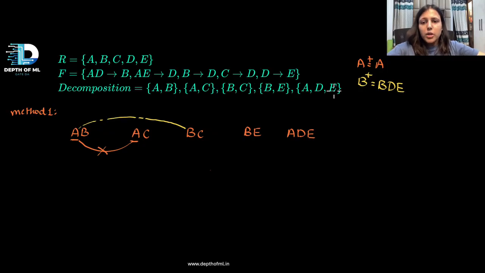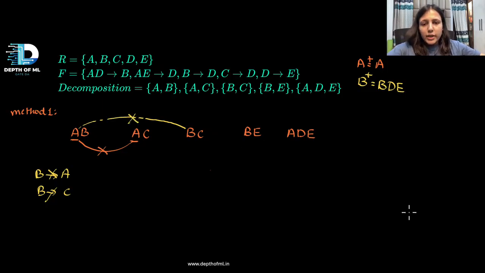We have covered all of them. So the closure of B, B plus, is BDE, right? So B is not a primary key or a super key of either of these relations. B cannot determine A and B also cannot determine C. So we can't combine these two tables, and this combination is also not possible.